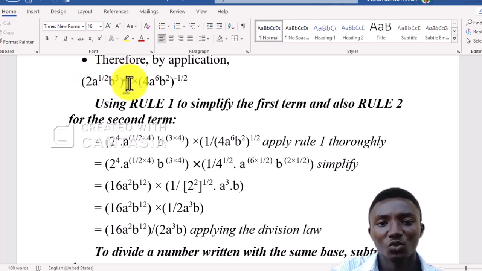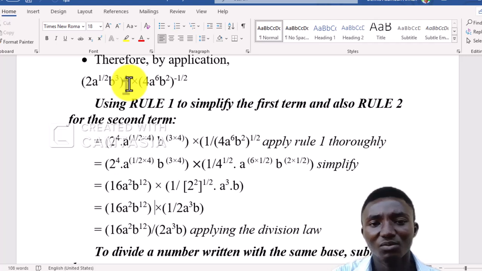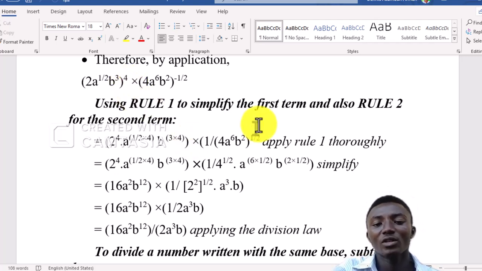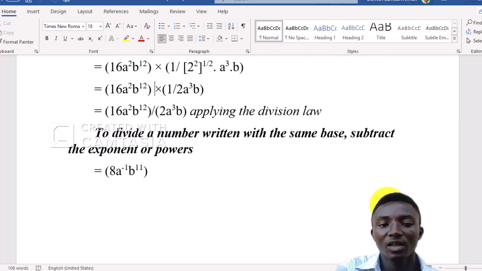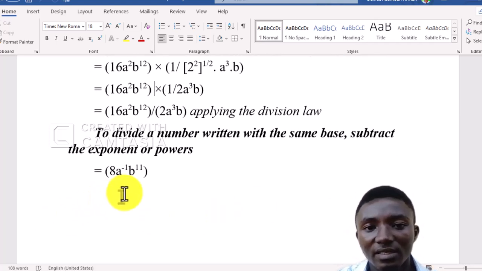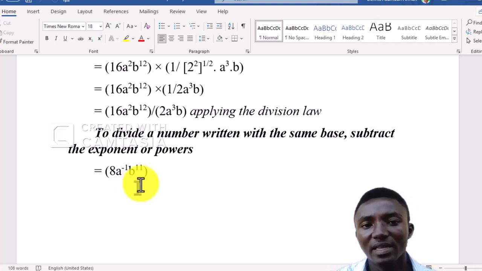So you as a student need to master this and solve more examples, and know that anytime you have an expression in this form, it is supposed to be in this form. Then you apply all the rules. When you do that, of course, you will arrive at this expression as our solution.